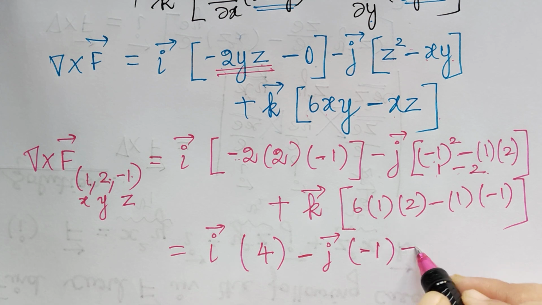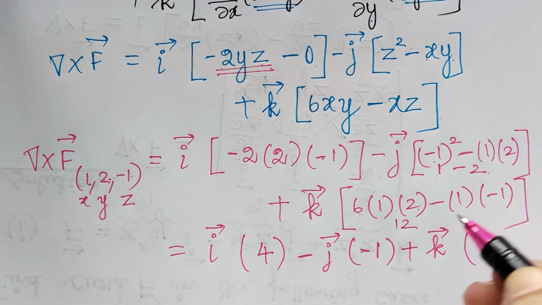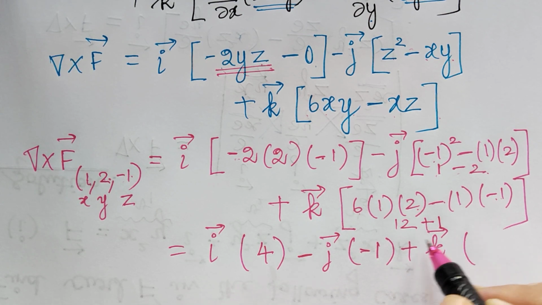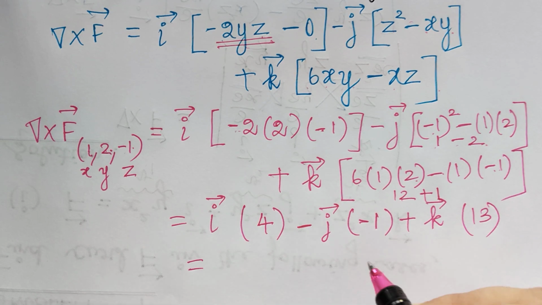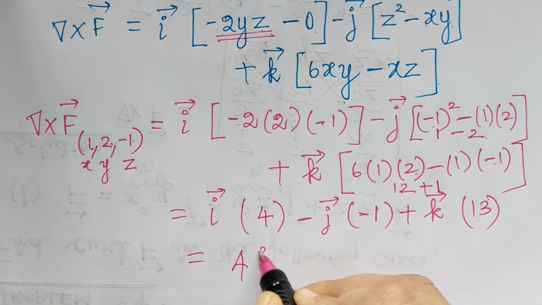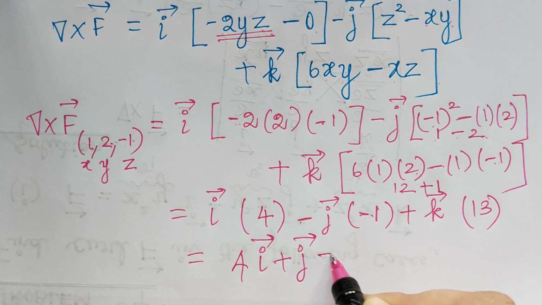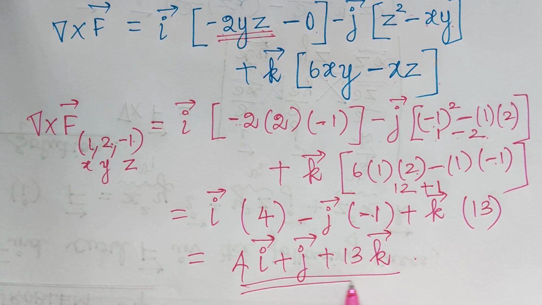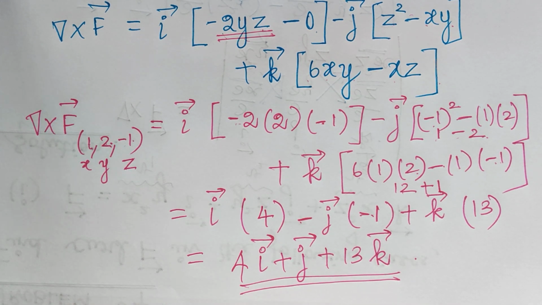So minus 1 plus k vector multiplied with 6 twos are 12, minus into minus becomes plus 1, so we have 12 plus 1 is 13. So further writing it in a proper manner, 4i vector minus into minus is plus, so j vector plus 13k vector. So this gives us the value of the curl at the given point 1 comma 2 comma minus 1.